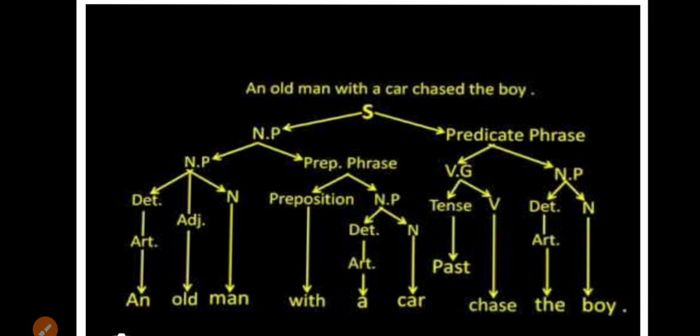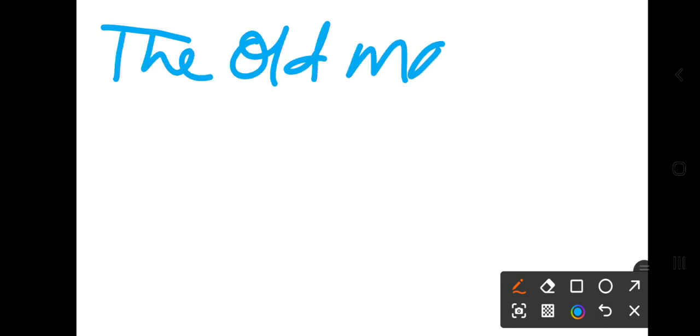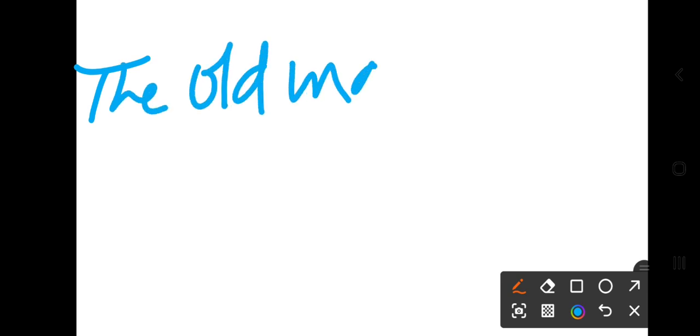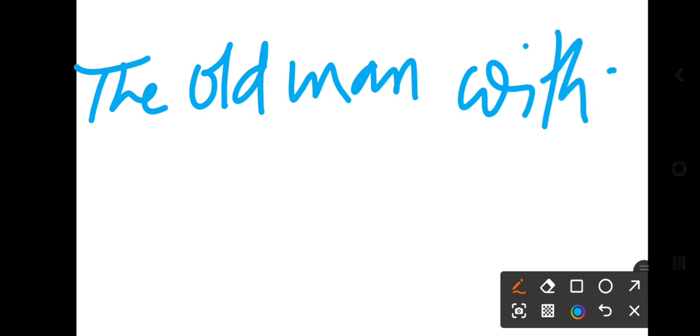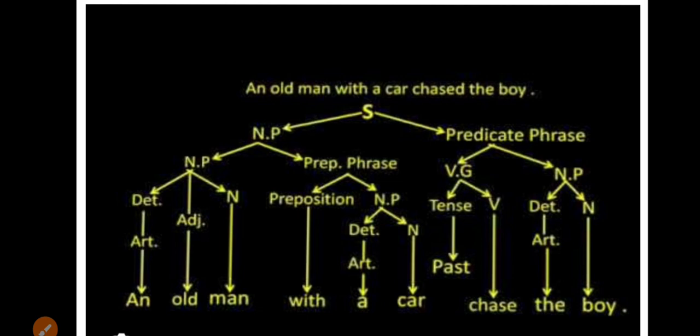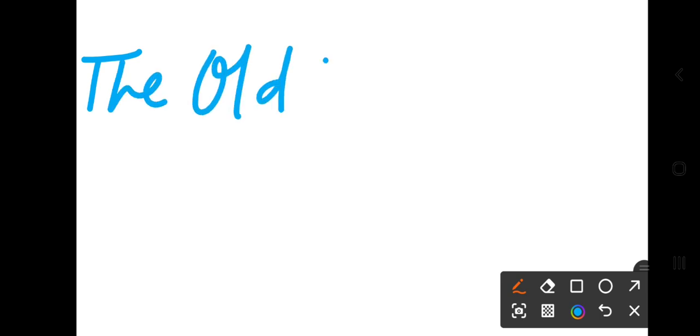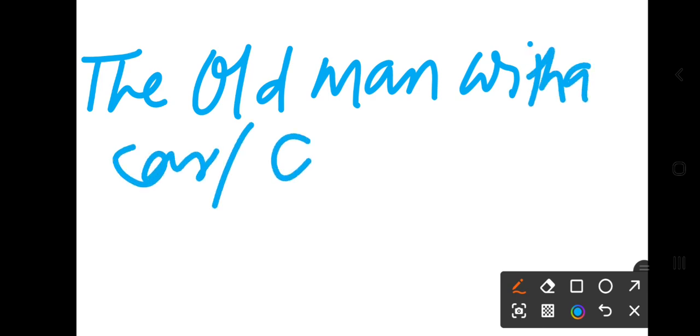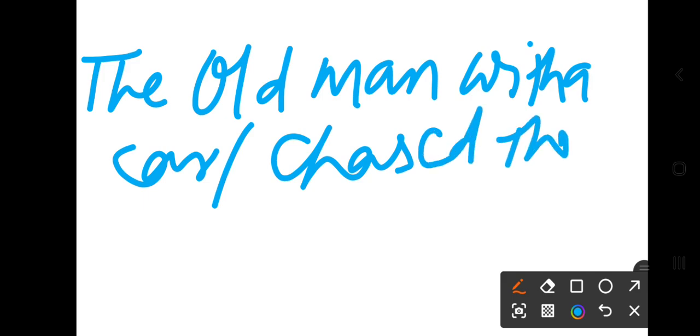The old man with a car chased the boy. The old man, with a car, chased the boy.